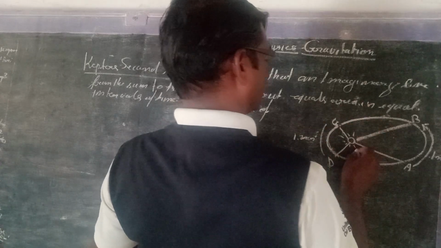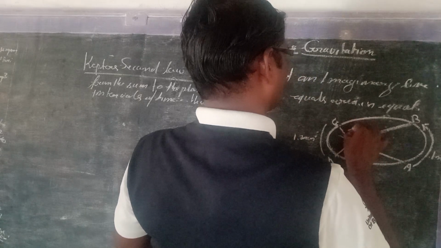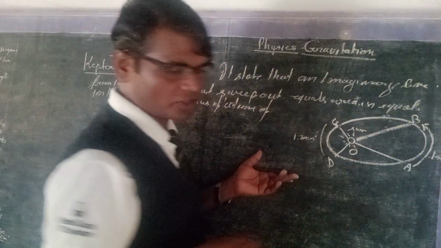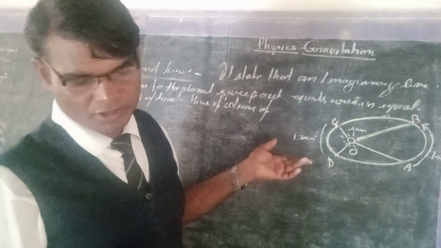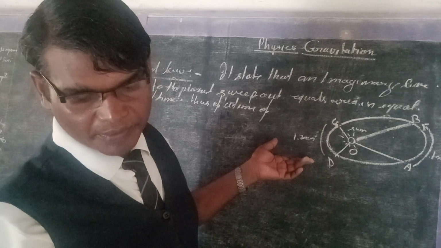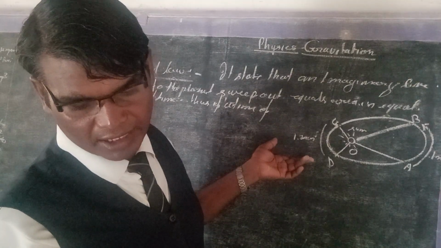The points A, B, C, D are positions of the planet, and O is the sun.